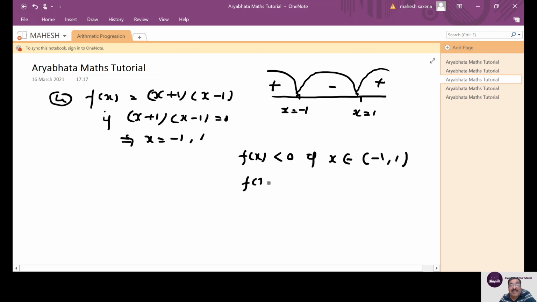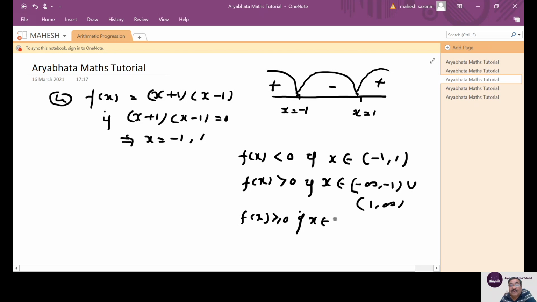Again, f(x) is greater than 0 means x should be either this part or this part, that is x belongs to (minus infinity, minus 1), we cannot take minus 1 because it is greater than 0, open interval here, union (1, infinity). f(x) greater than or equal to 0, now x can also be minus 1, x can also be 1, therefore x belongs to (minus infinity, minus 1] union [1, infinity).